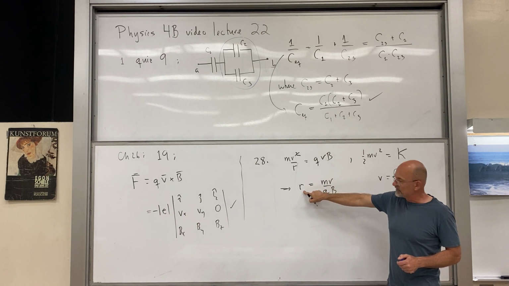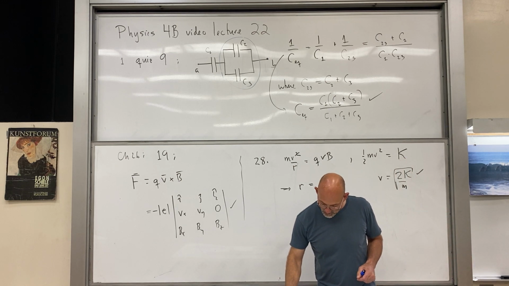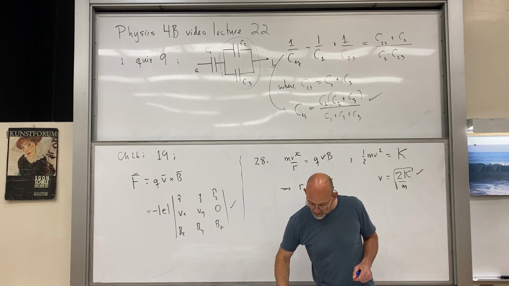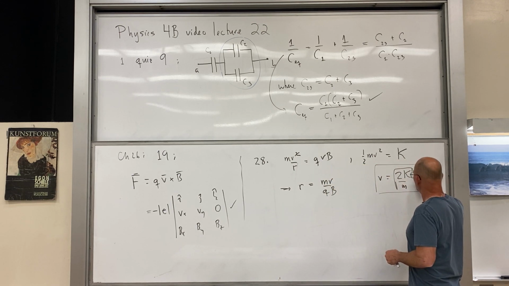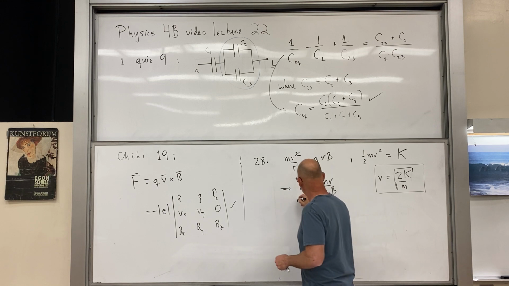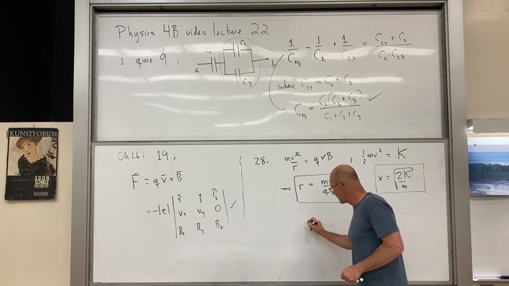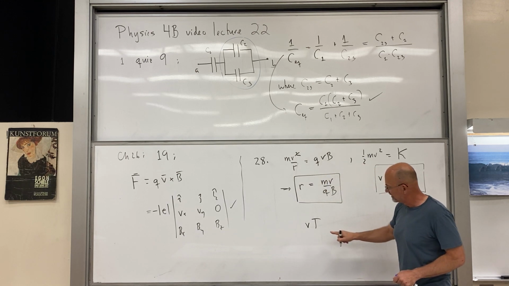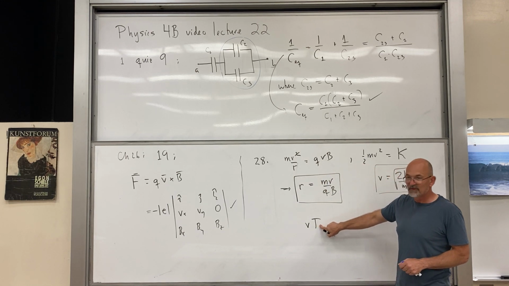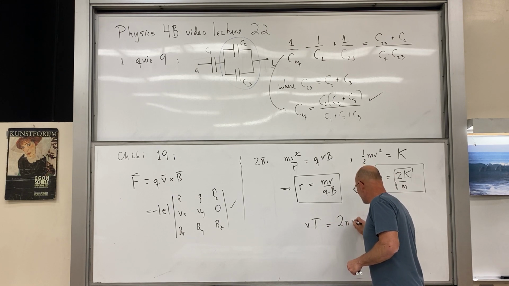Okay, so if I were to number these, I could say we have this, and then we have this here, and finally we have V times t, so the speed times the period is equal to the circumference.